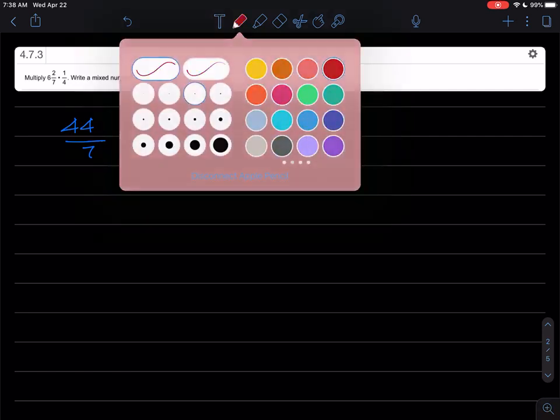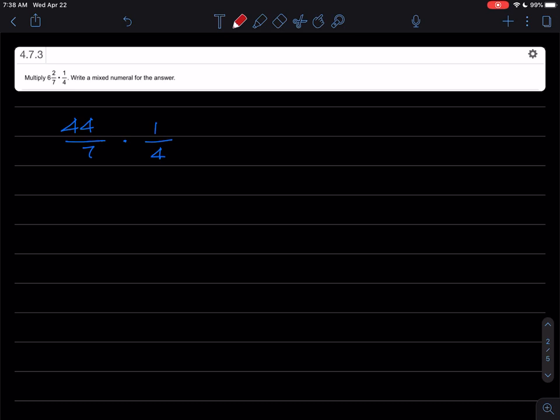And again, just as a reminder, we would get 7 times 6 plus 2 all over 7. That gives you 42 plus 2 over 7, which is 44 over 7.